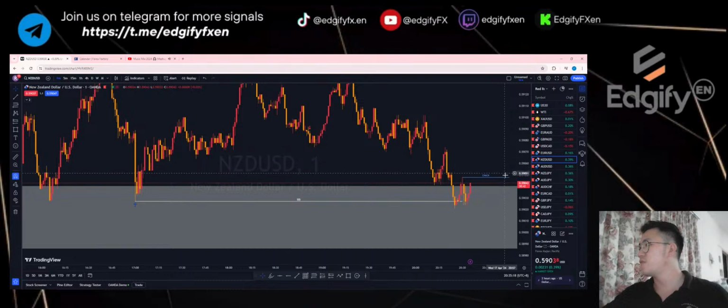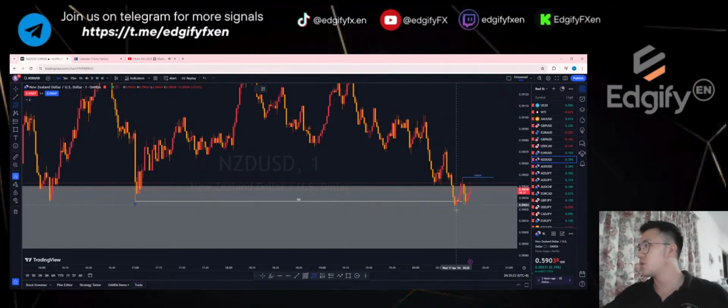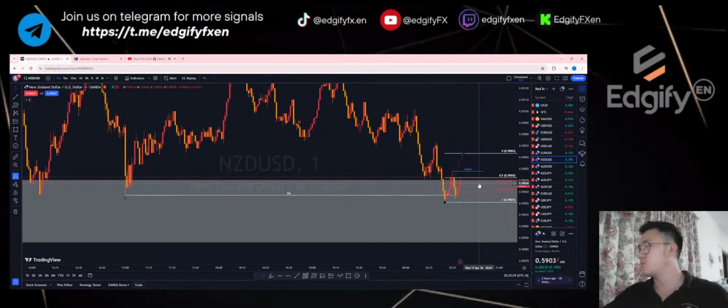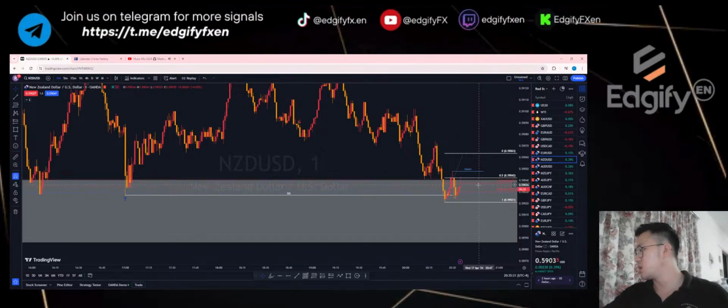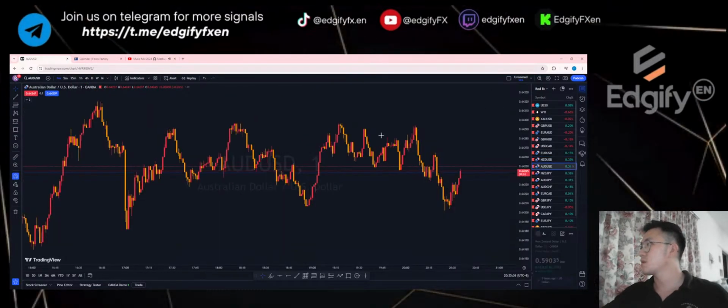Okay, so if we have a candle body closing above this level, then we'll be looking into buy. Of course, with a fib that we'll be using. Okay, and we will take an entry on the 0.5 for the 618. All right, so we'll just let this run first for now.